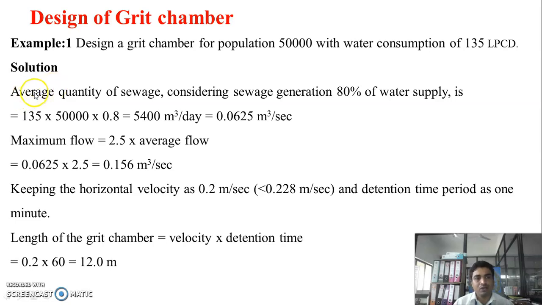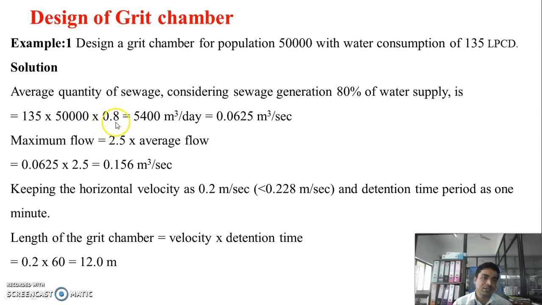We know that of whatever water is supplied to the consumers, 75 to 80% is generated as wastewater. So the average quantity of sewage, considering sewage generation of 80% of water supply, is 135, the rate of water supply, into 50,000, the population, into 0.8, that is 80%.